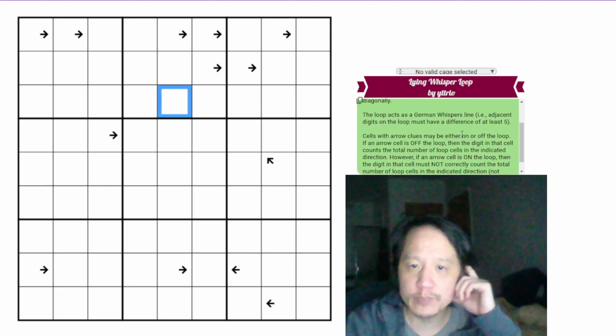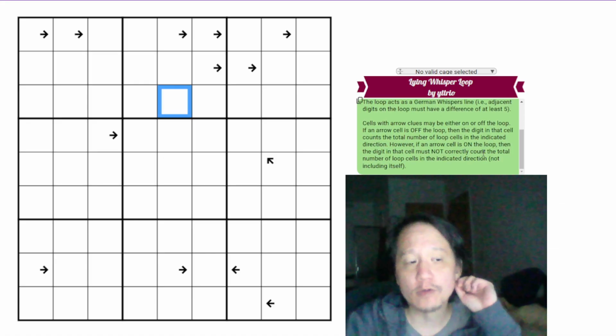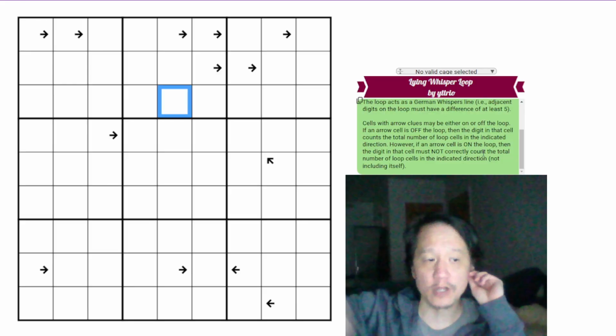And that's German whisper line. So the loop acts as one large German whisper line loop.